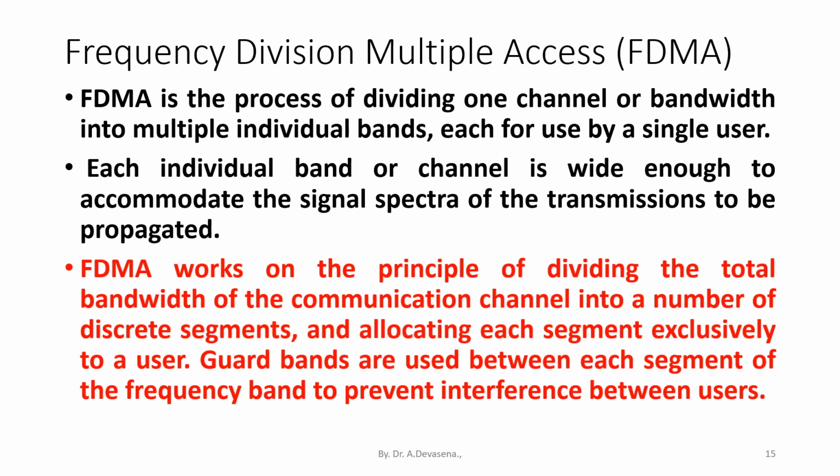FDMA works on the principle of dividing the total bandwidth of the communication channel into a number of discrete segments and allocating each segment exclusively to a user. Guard bands are used between each segment of the frequency band to prevent interference between users.